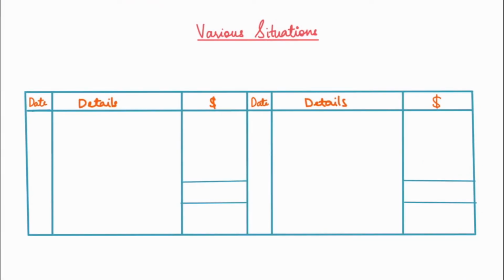Now the other situation is balancing an account with an entry on one side only. For this, let's take an example. Suppose X is a supplier to a business and we are making X's account.